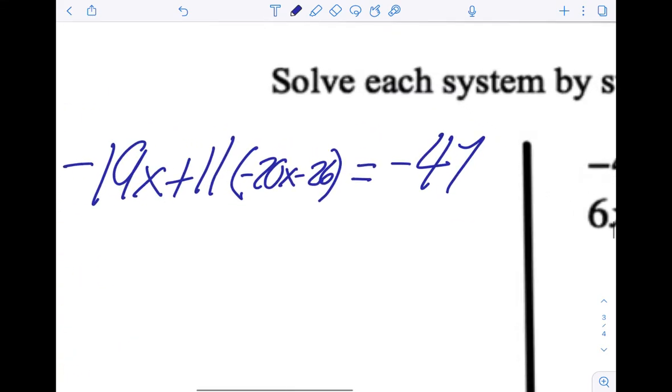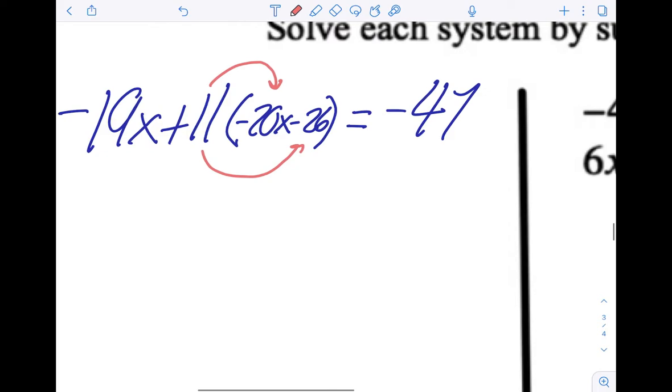Here, I'm going to remember that I have to distribute. So 11 times negative 20 and 11 times negative 26. 11 times 20 is 220x, and it's a negative because a positive times a negative is a negative.